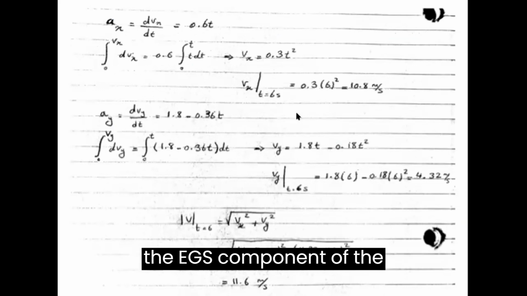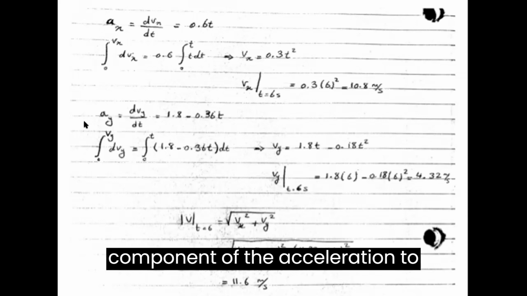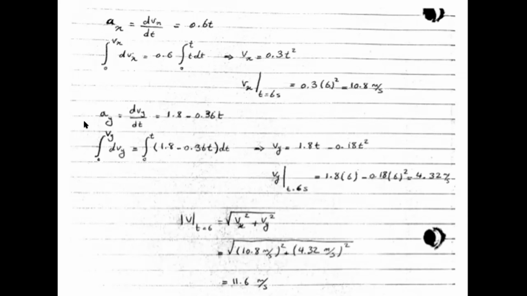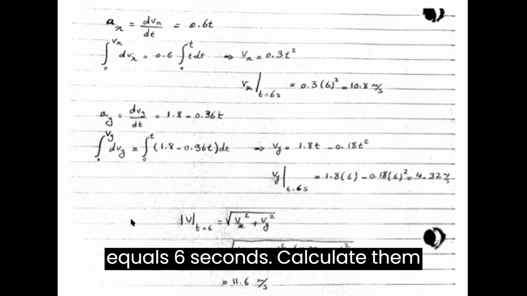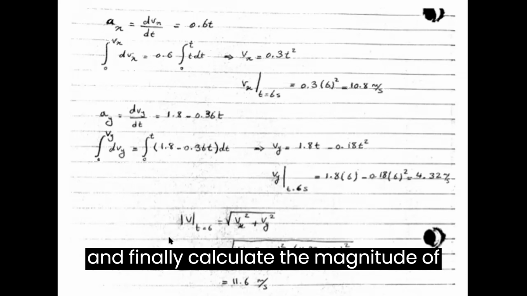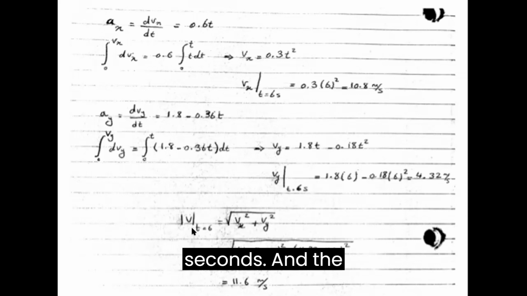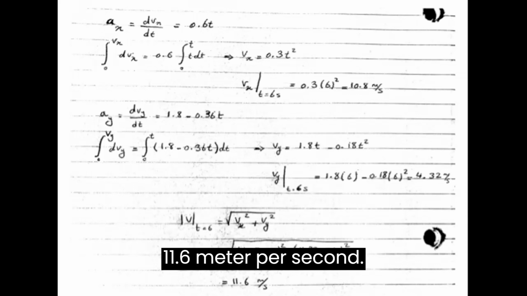Evaluate the x component of the velocity at time 6 seconds, and integrate the y component of the acceleration to determine the y component of the velocity as a function of time. Evaluate the y component of the velocity at time equals 6 seconds. Calculate them, and finally calculate the magnitude of the velocity at time 6 seconds. The total v equals 11.6 meters per second.